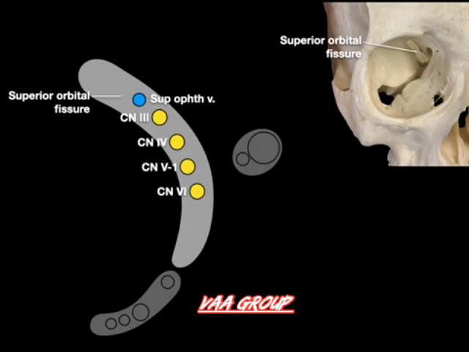Now, to be truthful, these five structures are not in this order. They're in different orders, but it makes it easier for me to remember them. And since it's such a small space, it works. Cranial nerve 3, 4, V1, the ophthalmic branch of the trigeminal nerve, and 6.